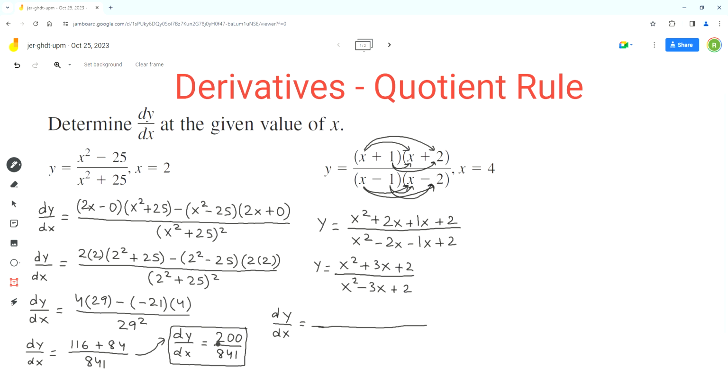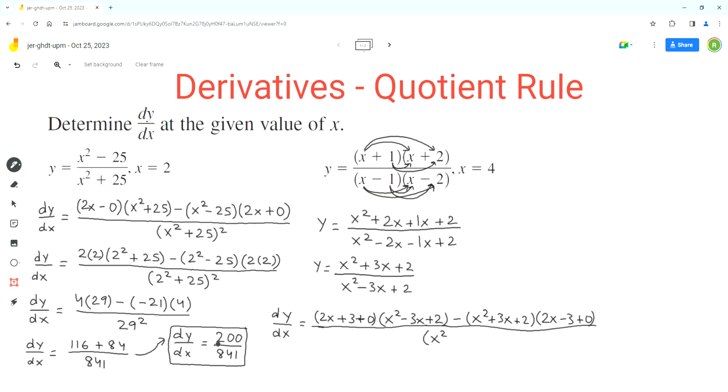So the derivative of the numerator will be the 2x plus 3 plus 0 times the denominator, which will be x squared minus 3x plus 2, minus the numerator expression x squared plus 3x plus 2 times the derivative of the denominator, which is 2x minus 3 plus 0, over the square of the denominator.